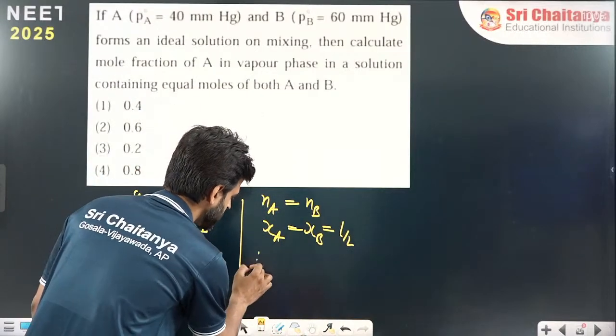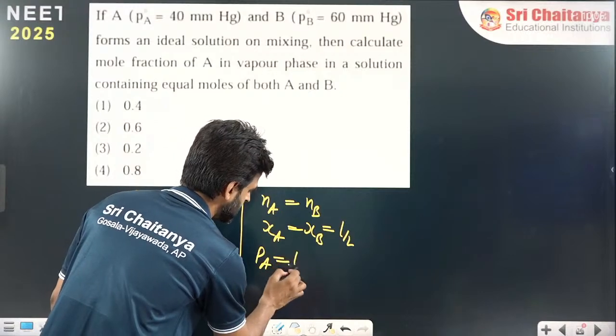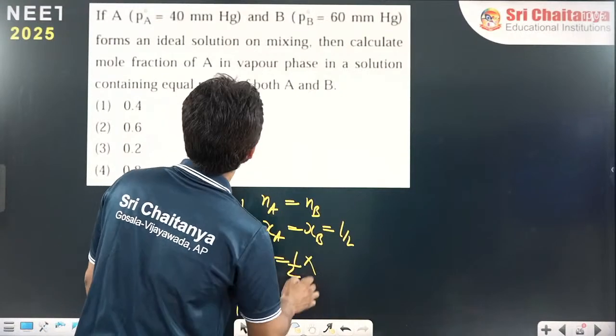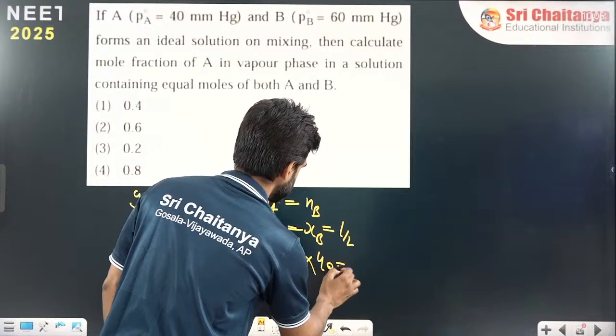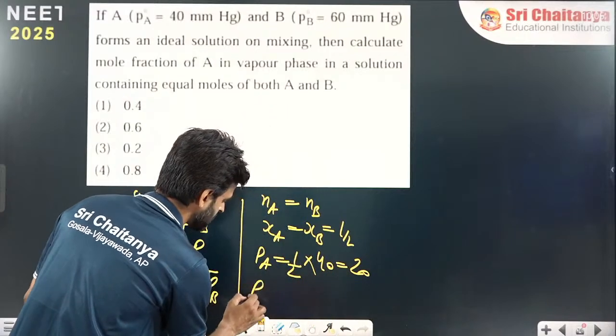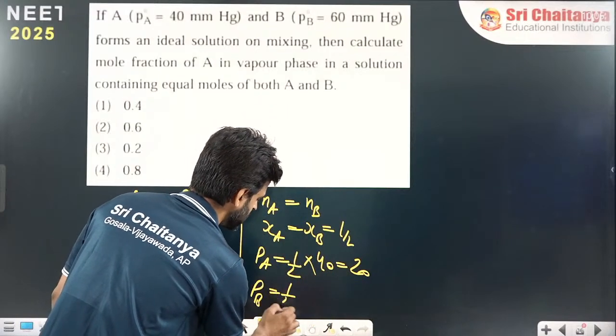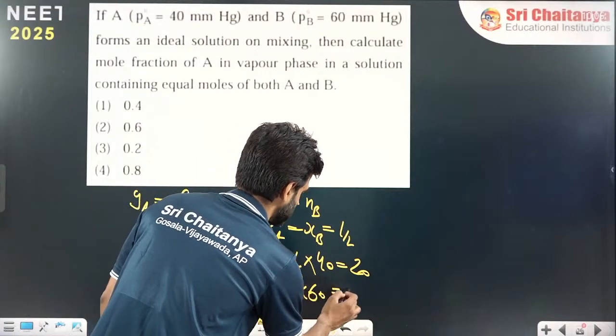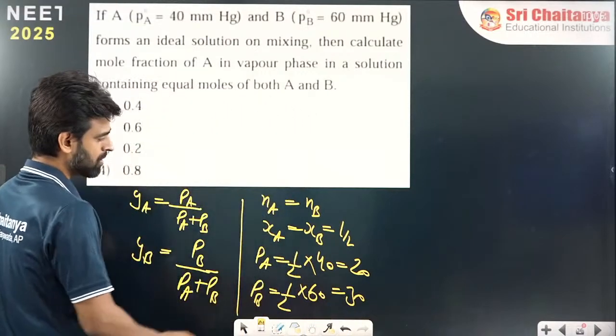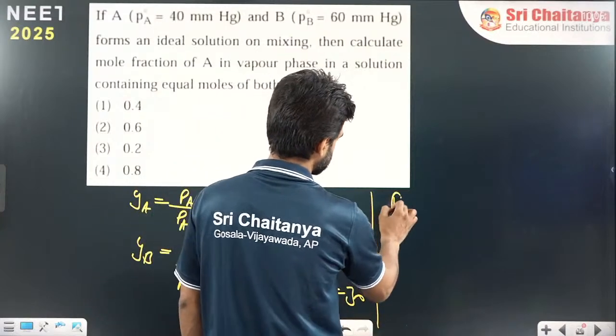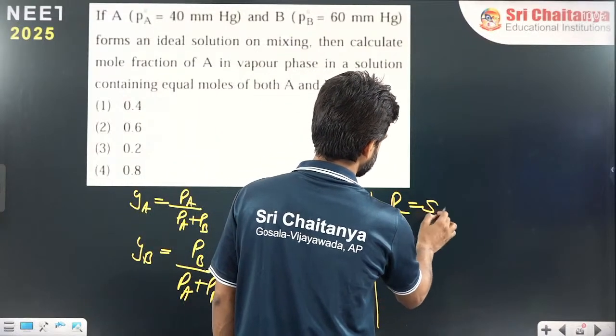So PA is easy to find. PA is XA into P naught A. P naught A is 40, so how much coming? 20. And PB, half into 60, 30. Right? Now we know the value. PT is coming 50 mm of Hg.